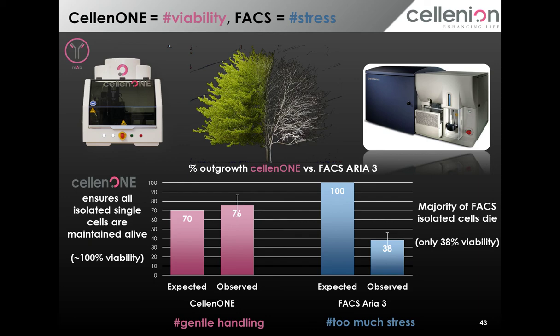And this is showing us that during the isolation process, the FACS basically underwent high stress for the cells, which makes them not survive. In contrast, our system, CellenONE, was ensuring that all isolated single cells were maintained alive, so reaching a fairly high percentage of viability.